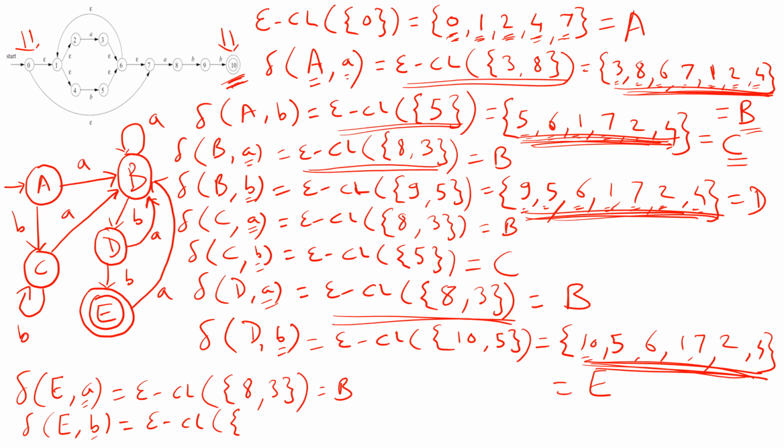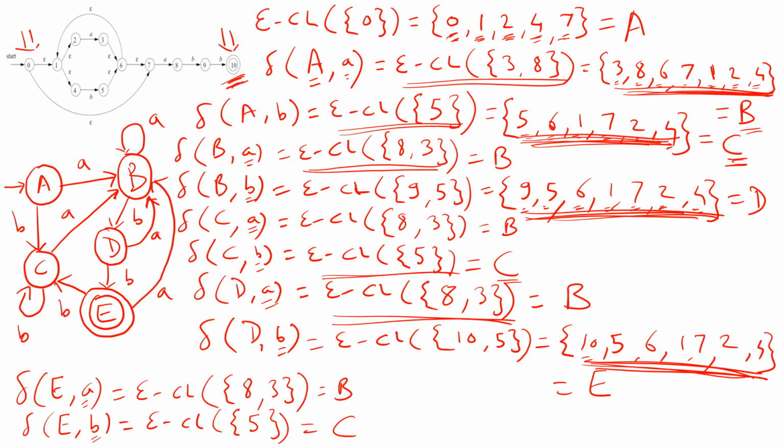And we check for input alphabet B. 10B, no. 5B, no. 6B, no. 1B, no. 7B, no. 2B, no. 4B takes you to 5. And you know what epsilon closure of 5 is? Epsilon closure of 5 is C, right? So by reading B, we go to C.